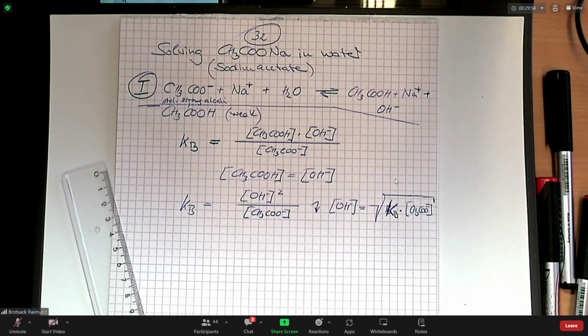But if this is not strong, we don't know. Only a part of them reacted, remaining a few of them or more. That is what we don't know, how many are remaining. But what we know is when they reacted, on the right side, it's a 1-to-1 ratio.